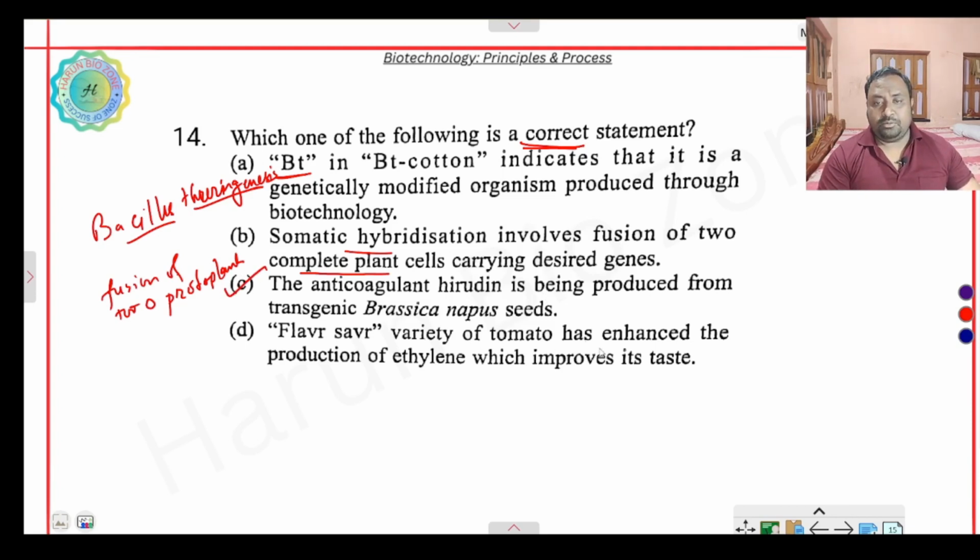Flavr Savr variety of tomato does not enhance the production of ethylene.